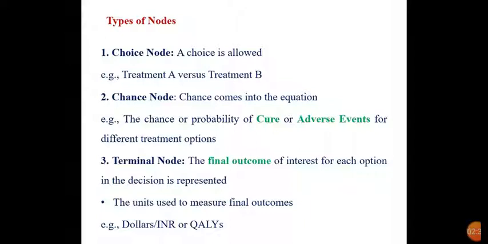Chance node: chance comes into the equation, the chance or probability of cure or adverse event for different treatment options. Terminal node: the final outcome of interest for each option in the final decision is represented. The units used to measure final outcomes are dollars, INR, or quality adjusted life years.